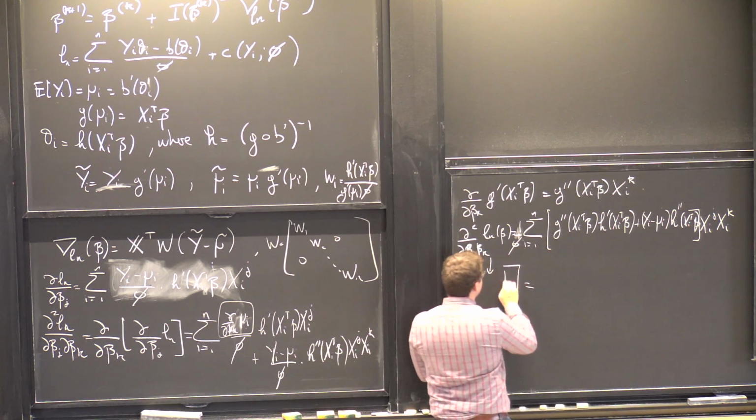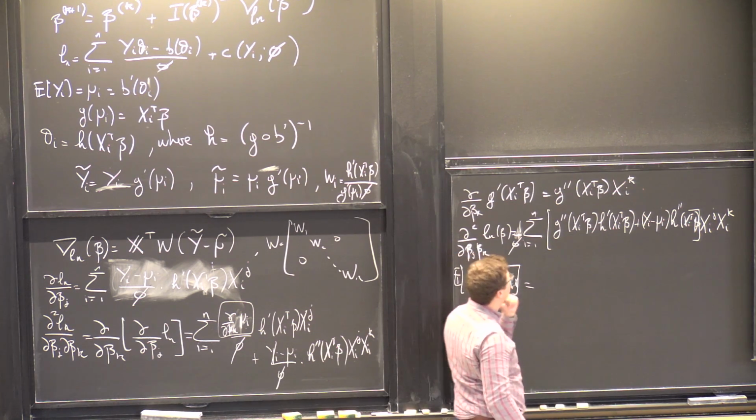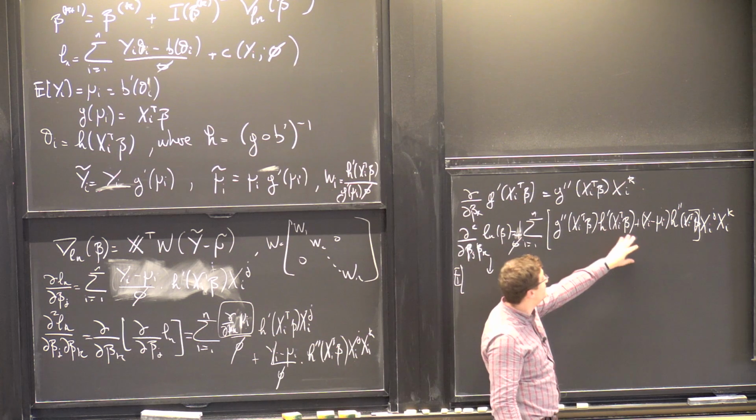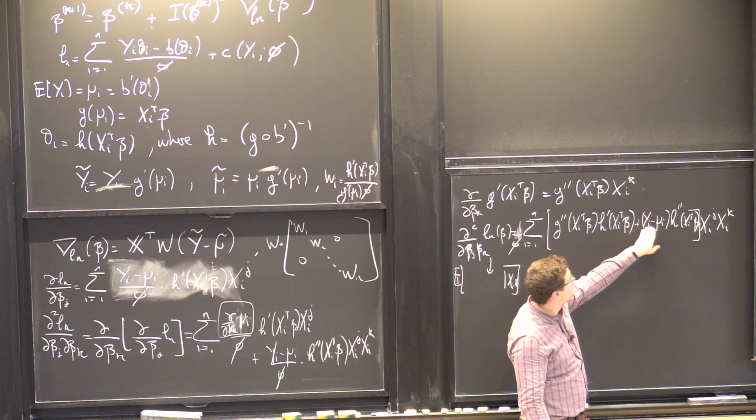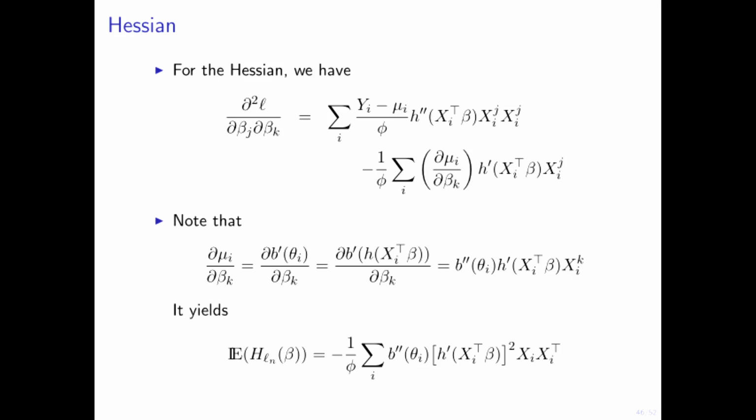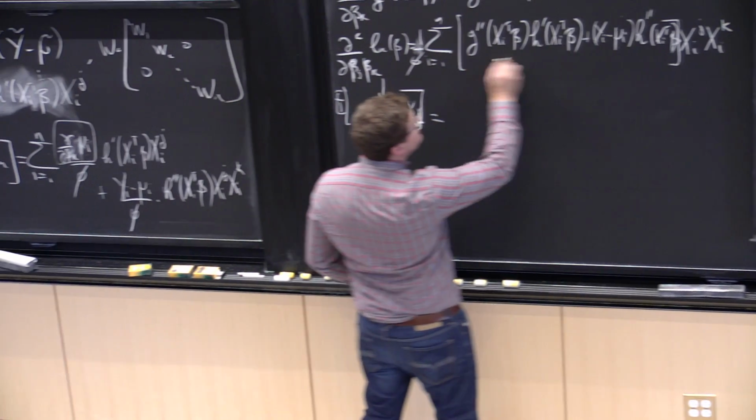So let's write it, conditionally on x_1, ..., x_n. This is just deterministic. But what is the conditional expectation of y_i minus mu_i times this guy conditionally on x_i? 0, right? Because this is just the conditional expectation of y_i, and everything else depends on x_i only, so I can push it out of the conditional expectation. So I'm left only with this term.